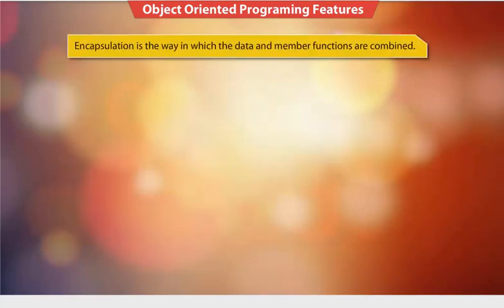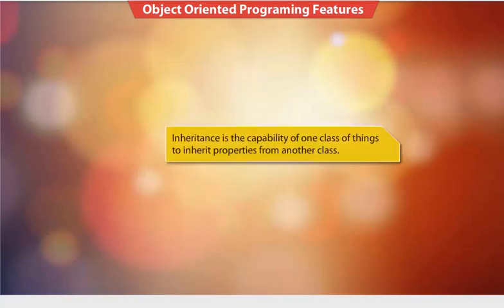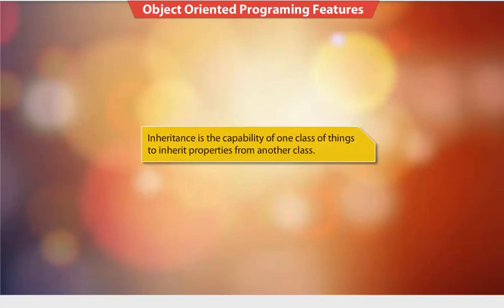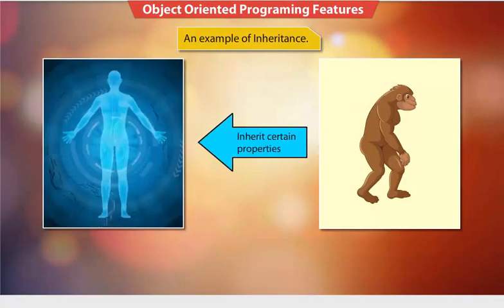The next feature is encapsulation. Encapsulation is the way in which the data and member functions, also known as methods, are combined. The next feature is inheritance. Inheritance is the capability of one class of things to inherit properties from another class. Let us take an example of human beings.